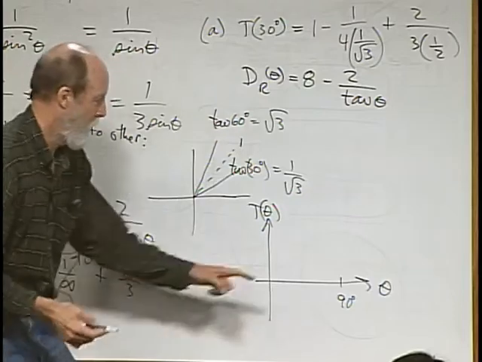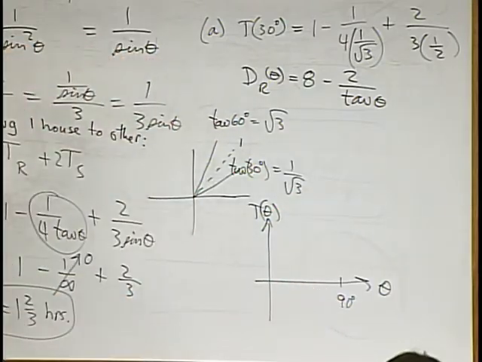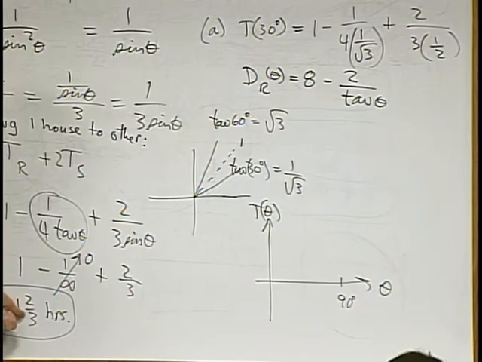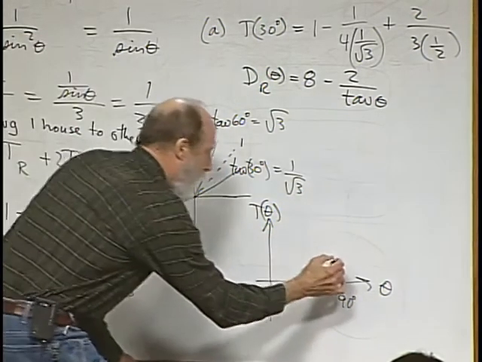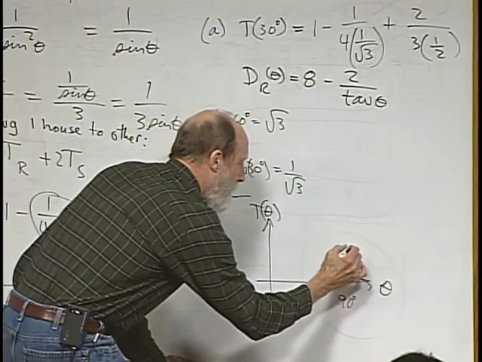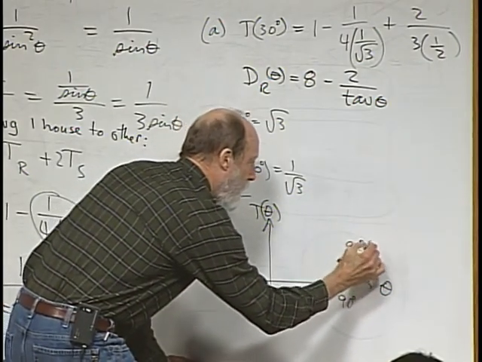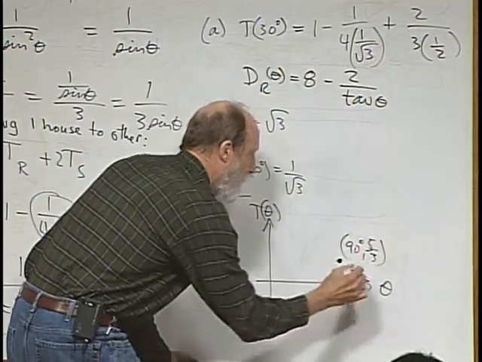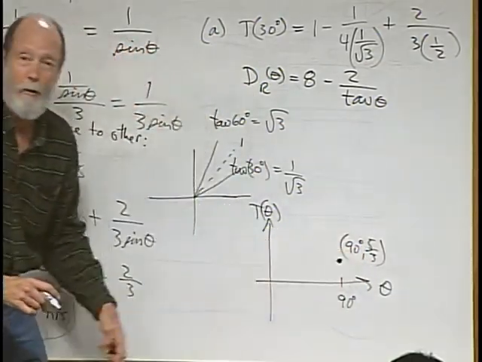When I'm at 90 degrees on the angle I take from the beach house, I'm going to be getting a value of 1 2/3, which is 5/3 right here. At 90 degrees, it should be giving me a value of 5/3, which means 5/3 hours.